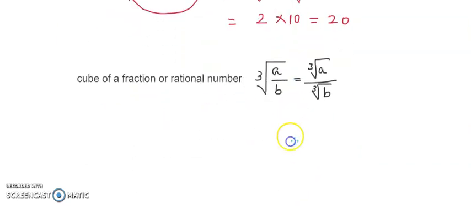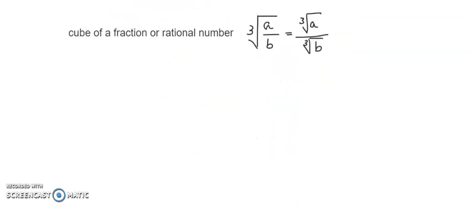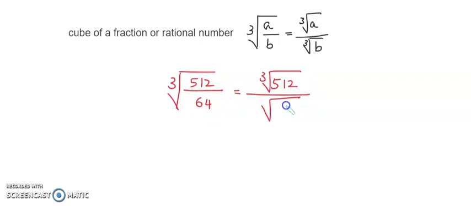Next. If I am going to find the cube root of a fraction or a rational number, I can find the cube root of the numerator separately and the cube root of the denominator separately. Suppose I want to find the cube root of 512 divided by 64. So what I can do, I'll say cube root of 512 divided by cube root of 64.